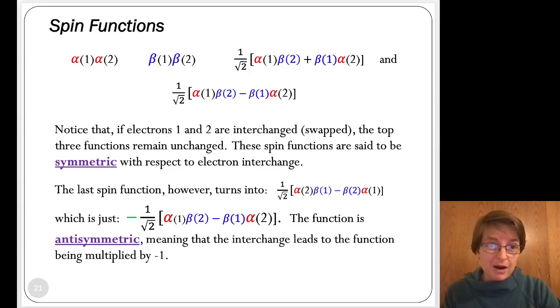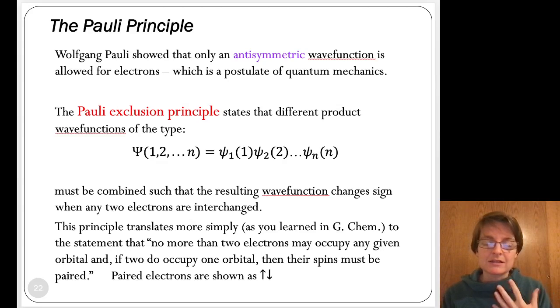It turns out to be a property of how electrons should behave, and antisymmetry is something that Wolfgang Pauli showed has to be true for electrons.